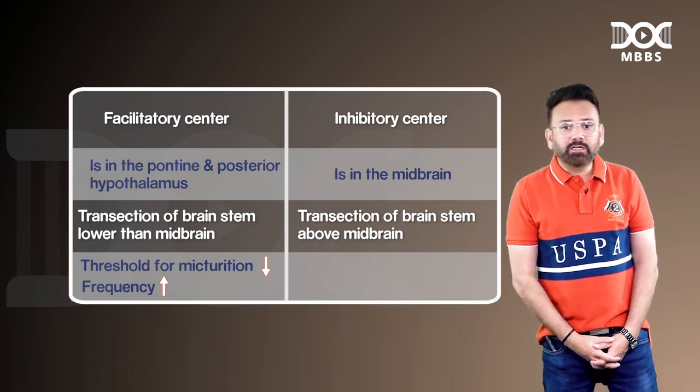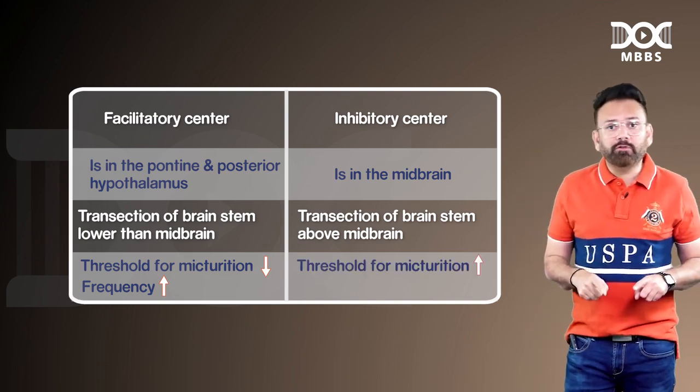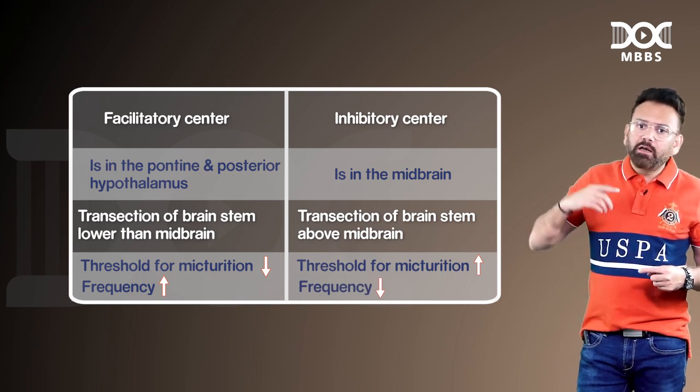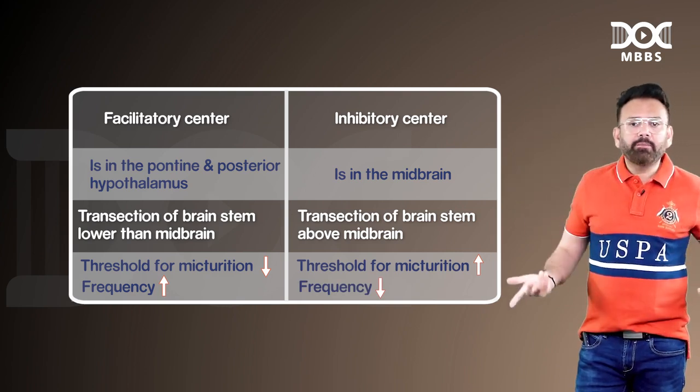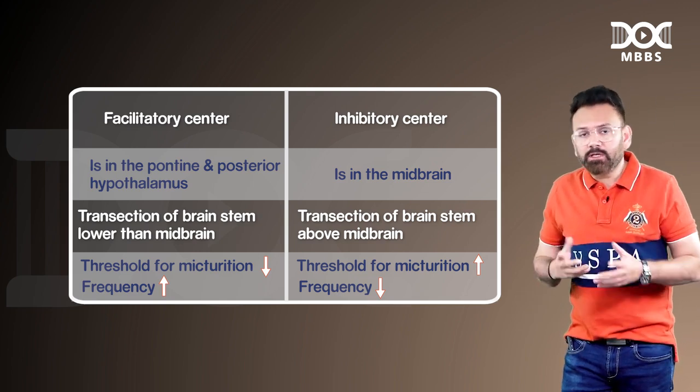That is why if the transection of the brainstem is above the pons but below the midbrain, it will lower the threshold of the micturition reflex and there will be frequent micturition. On the other hand, if it is above the midbrain, then it will remain the same because the midbrain is inhibitory and the pons is facilitatory. So nothing will happen to that.